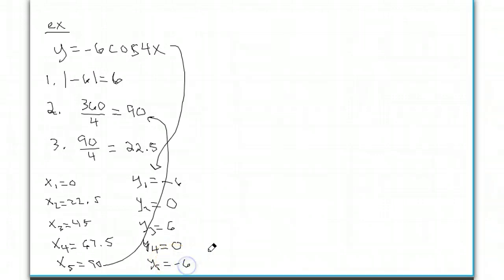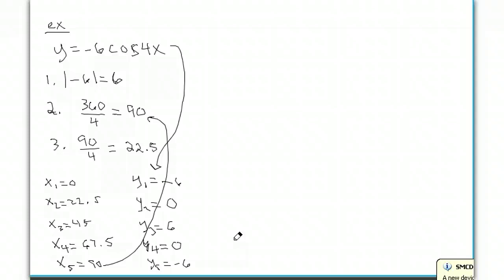Now if you go back to the second video and look at the y values you got for sine, they're in the opposite place of the y values you have for cosine. Also, you can notice that the y values always have a pattern and they always alternate. So if y1 is -6, then it's going to go -6, 0, 6, 0, -6.